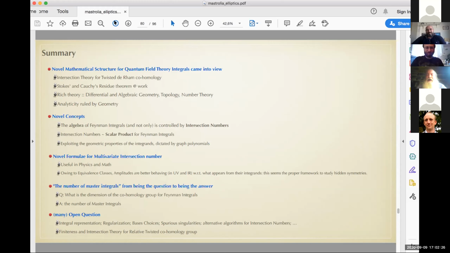Thank you for the talk. I want to repeat, for historical context in particle physics, where I think the first non-trivial intersection number was discovered in practical physics. I said it at your wonderful conference in Padua, but I say it again. It was by Stefano Laporta about 15 years ago, who was tooling up for the four-loop radiator corrections, the magnetic moment of the electron, and we looked at the three-loop on-shell massive sunrise diagram, and he found there a quadratic relation between what we now understand to be periods and quasi-periods of a modular form.